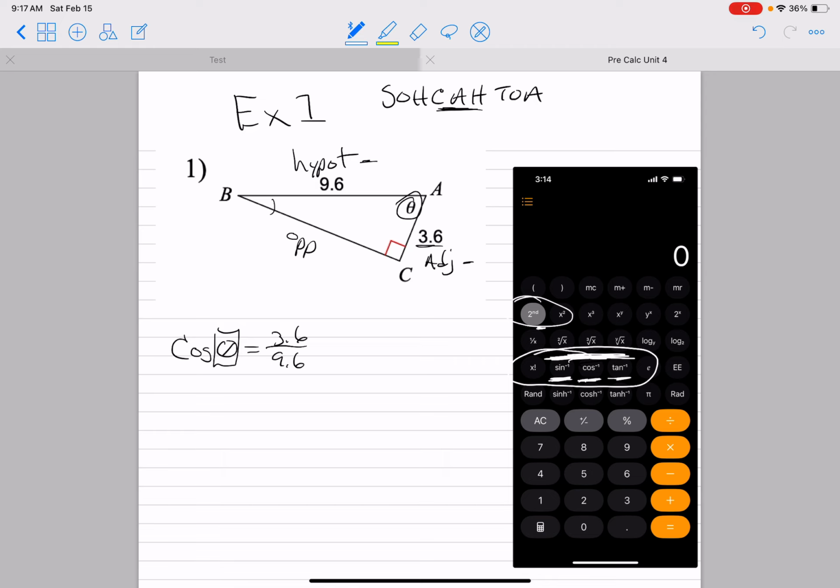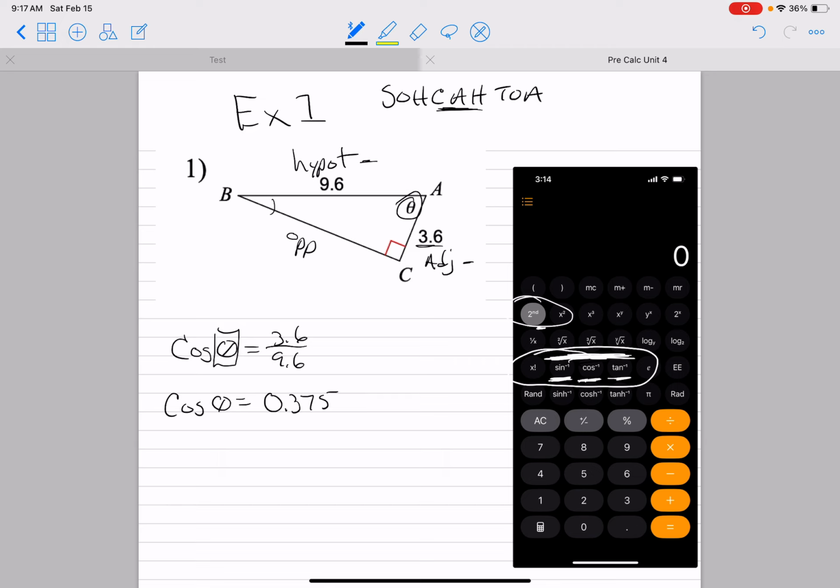They say sine to the -1, cosine to the -1, and tangent to the -1. Those are the inverses of sine, cosine, and tangent. Now I'm just going to do algebra. Let's get this back to black. The cosine of theta equals 3.6 divided by 9.6. Go ahead and do that in your calculator right now.